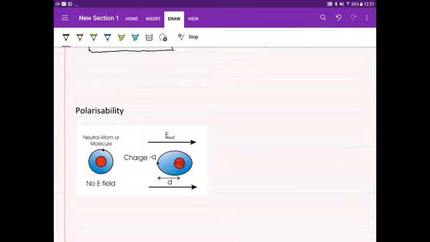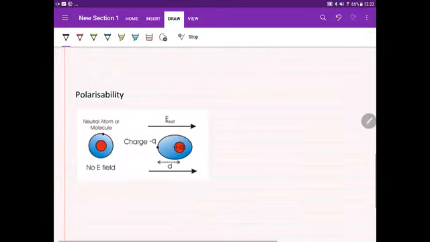But at the same time, we're generating a separation of charge in which we've got a minus Q here and a positive Q here internally within the atom or molecule, which are going to attract one another. So the electric field wants to distort as much as possible and pull the positive and negative parts of the atom as far apart as possible, but the Coulomb attraction between this negative part of the electron cloud and the positive charge is going to want to pull things back together and generate something that looks much more like the neutral atom. So there must be a balance between these forces.